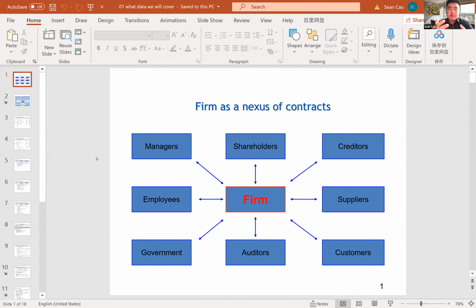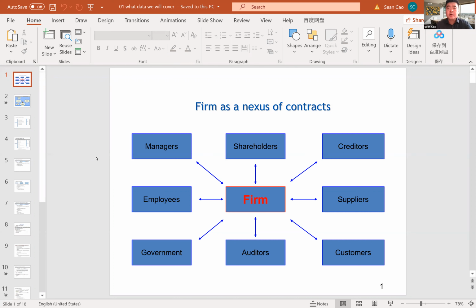I want you to learn textual analysis and big data in accounting and finance using the mindset of business students. So everything from now on is organized by data. First I will talk about the data, and then I will talk about what kind of techniques we can use to analyze the data, and what the data is used for.